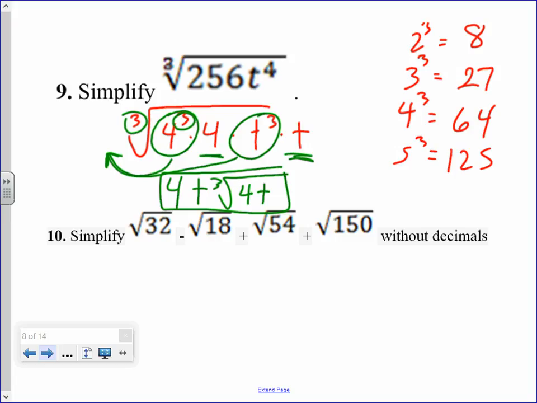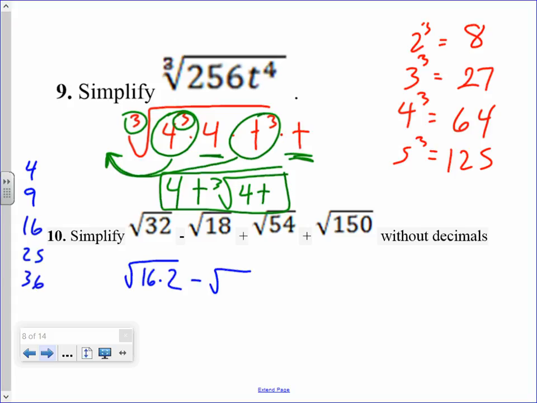Our perfect squares, just a reminder, are 4, 9, 16, 25, 36. Those are our perfect squares. 16 goes into 32 evenly. You want the biggest one.